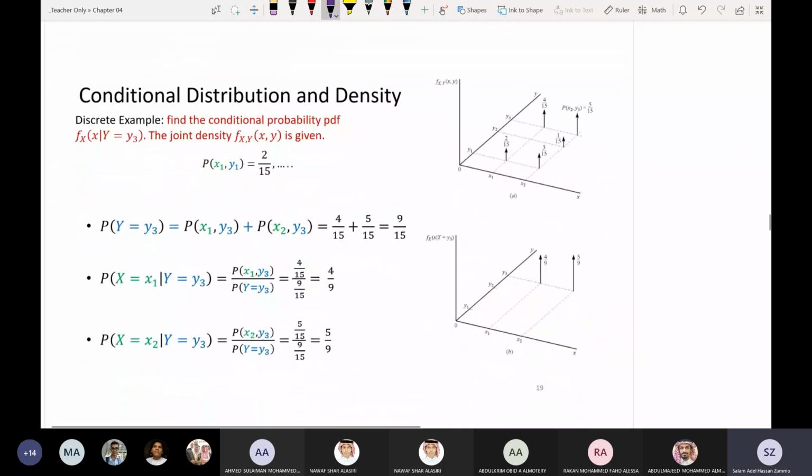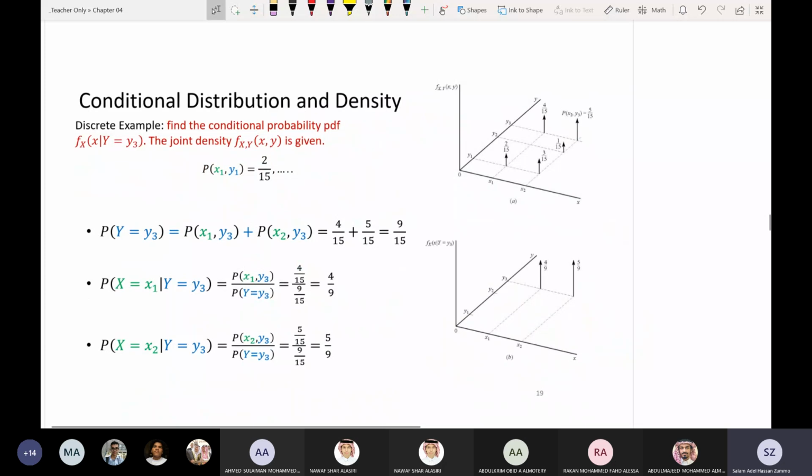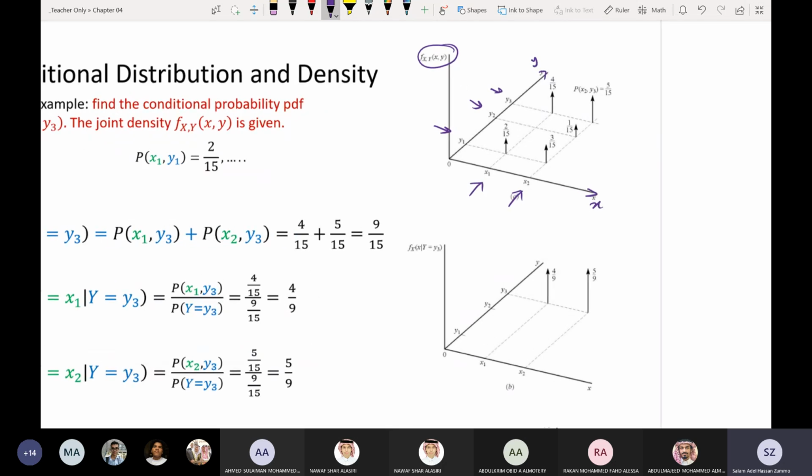So let's have an example. Here we have another example with x and y, and you have the joint PDF. x can take two values, x1 and x2, and y can take three values, y1, y2, y3, with these joint probabilities. Here you have 5 over 15, 4 over 15.